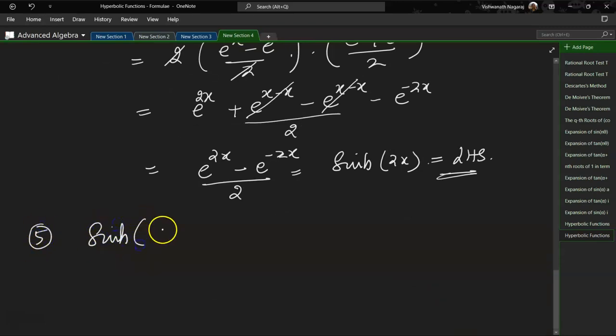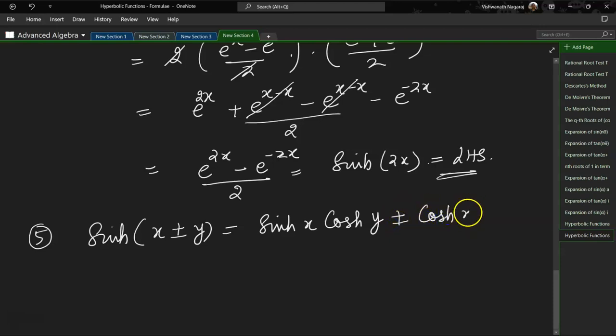Hyperbolic sine of x plus or minus y is equal to hyperbolic sine of x hyperbolic cos of y plus or minus hyperbolic cos of x hyperbolic sine of y.